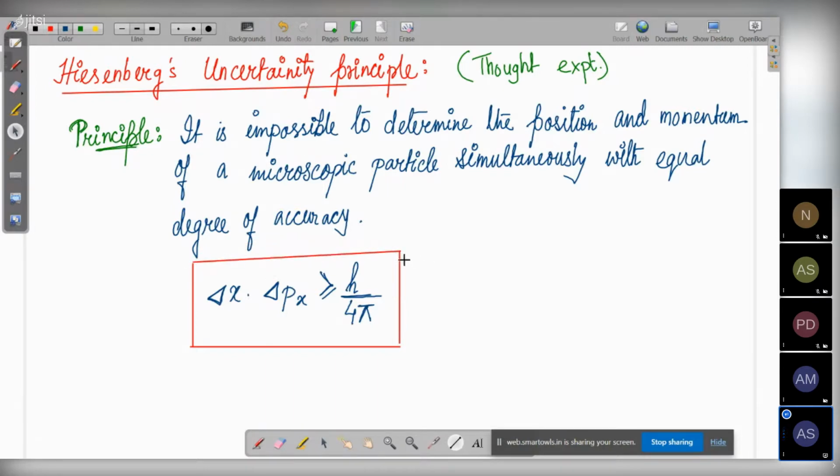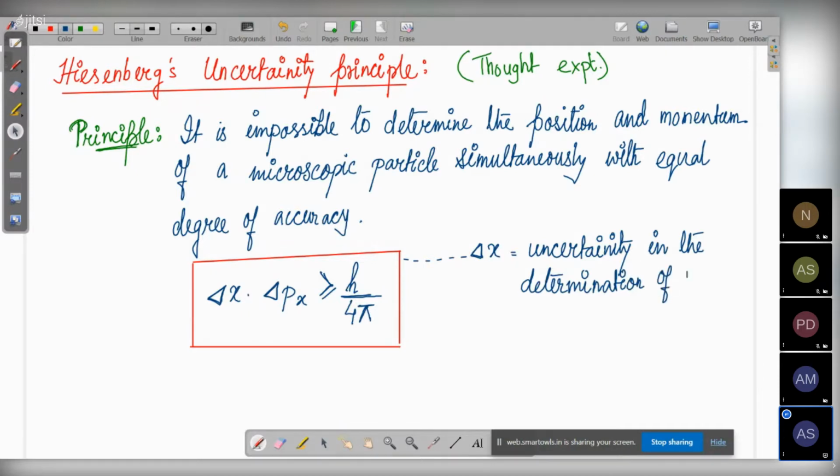What is delta x over here? Delta x is the uncertainty in the determination of position of a particle.